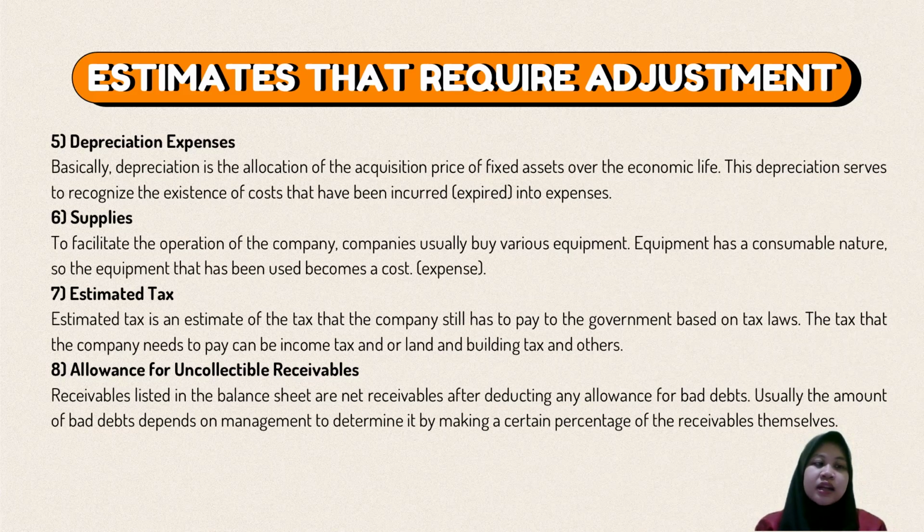Number seven, estimated tax. Estimated tax is an estimate of the tax that the company still has to pay to the government based on tax law. The tax that the company needs to pay can be income tax and or land and building tax and others. Number eight, allowance for uncollectible receivables. Receivables listed in the balance sheet are net receivables after deducting any allowance for bad debt.